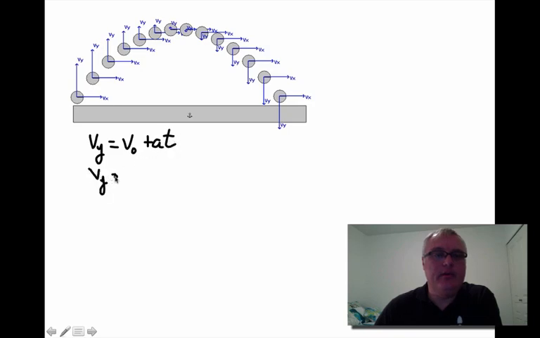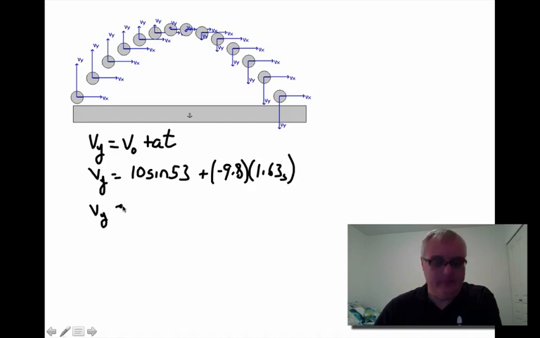And I know that it starts off traveling at 10 times sine of 53, and then it accelerates downwards for 1.63 seconds. So the final y component to this velocity is negative 8 meters per second.